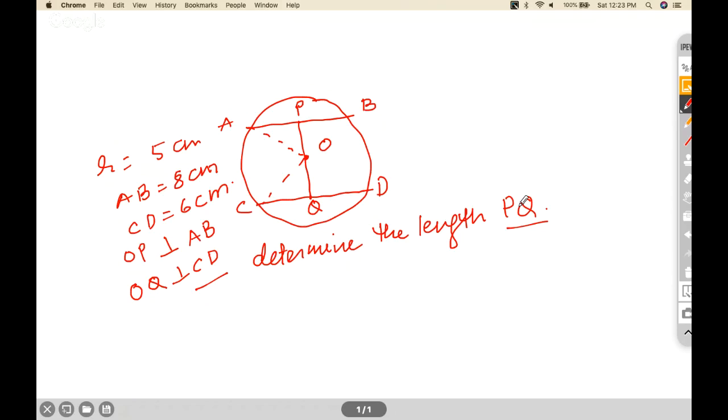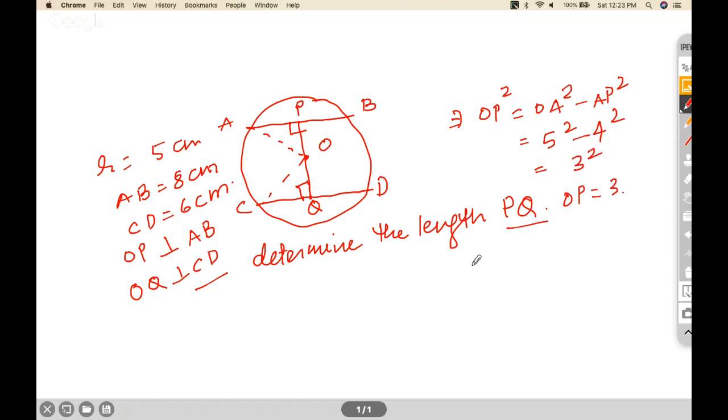Okay, for this question, try to understand this is 90 degrees, this is 90 degrees. So OP square is equal to OA square minus AP square. OA is 5, so this is 5 square, and AP will be half of AB, so minus 4 square. 5 square minus 4 square is nothing but 3 square, so OP comes out to be 3.